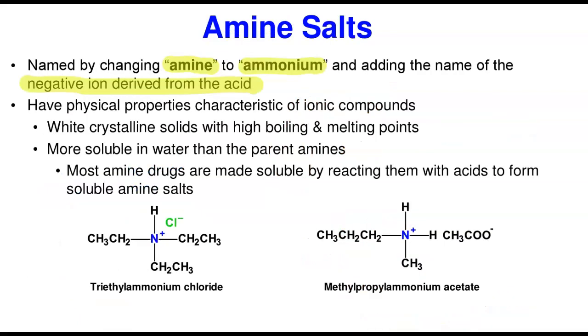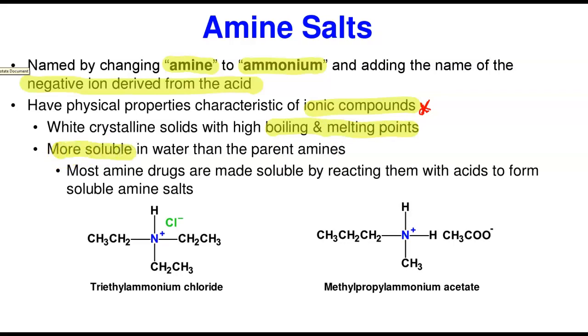They have physical properties similar to those of ionic compounds, which is what they are. They are white crystalline solids with high boiling and melting points. They are more soluble in water than the parent amine from which they are made.